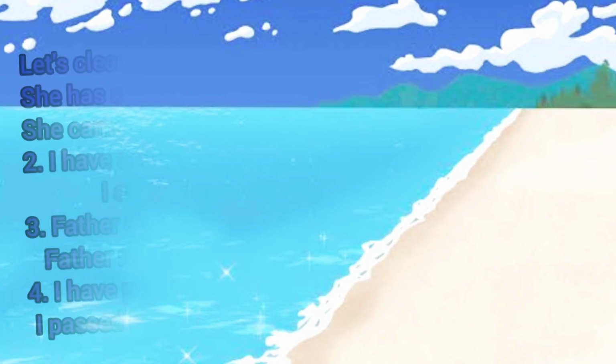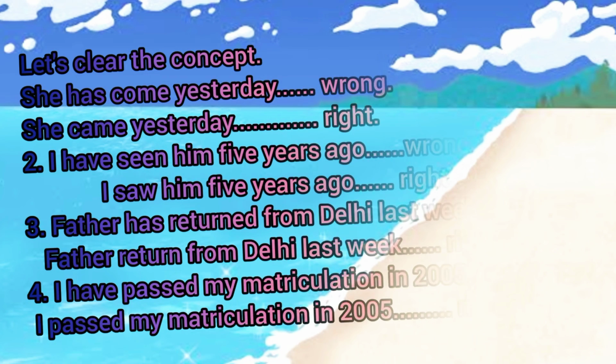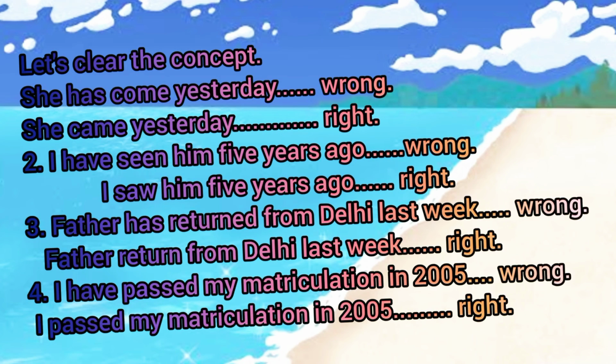There are some examples which will tell you which is right and which is wrong. She has come yesterday. Do you think that this sentence is correct in itself? I don't think that this statement is correct. Right? "She came yesterday" is a correct sentence here. I have seen him 5 years ago.